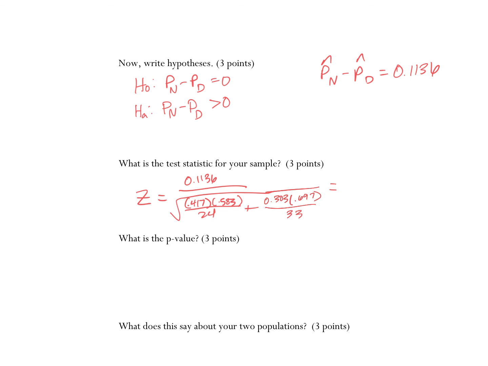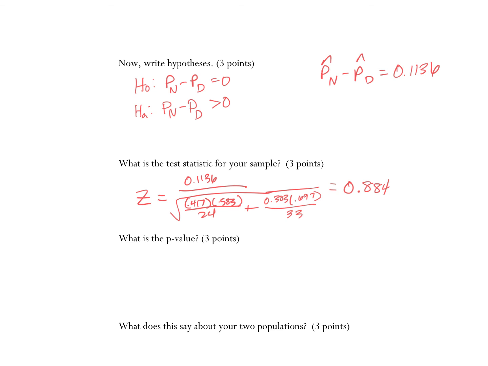If you just found it separately and then used it twice, that would be fine. I found that Z statistic to be 0.884. Yours is going to be whatever you find it to be, right?